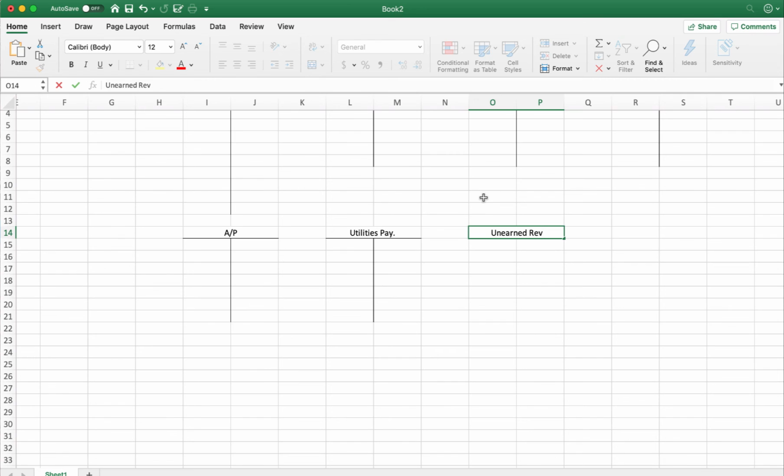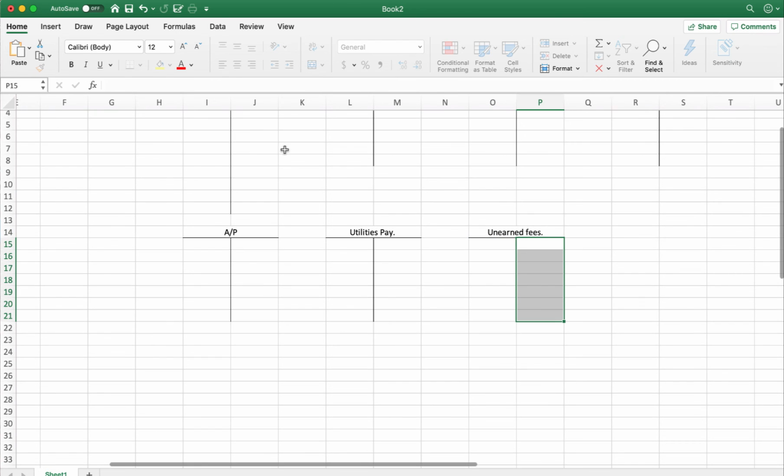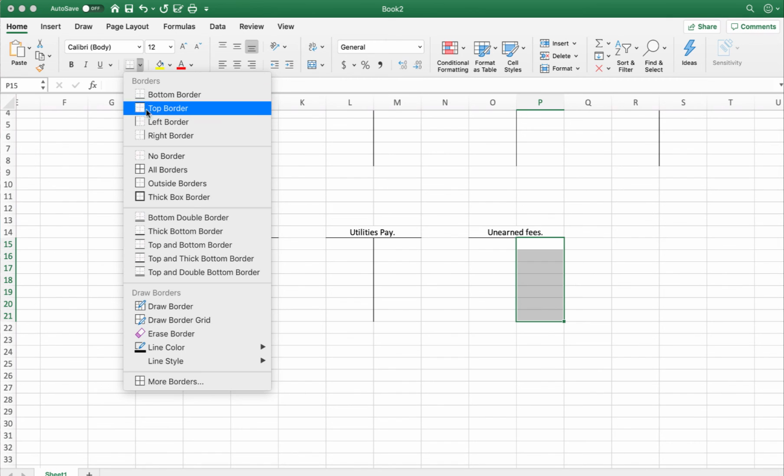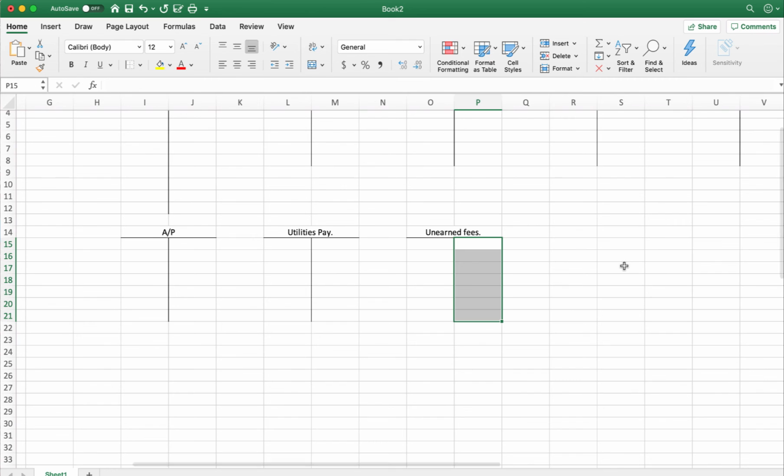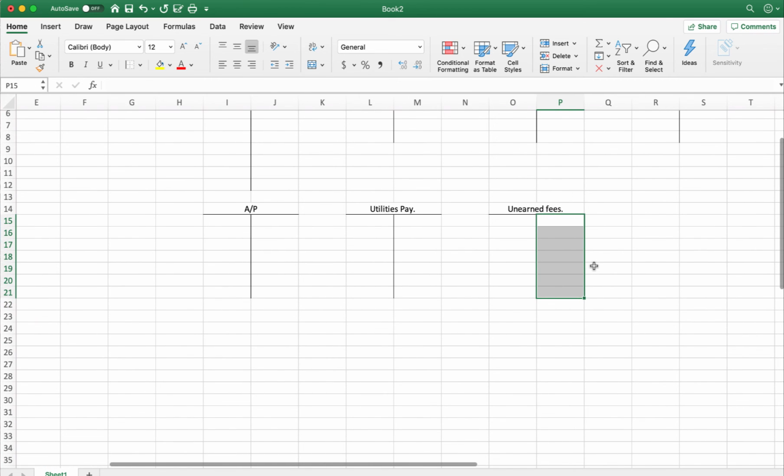I know it says unearned karate fees earned. It's the same thing. We'll just say unearned fees. And as we go through each of these journal entries, I will make sure that I specify and reiterate the adjustments that we're doing, why we're doing them, and going from there.